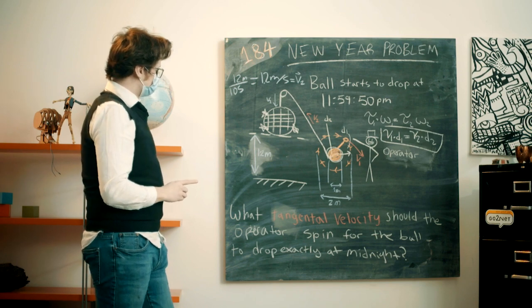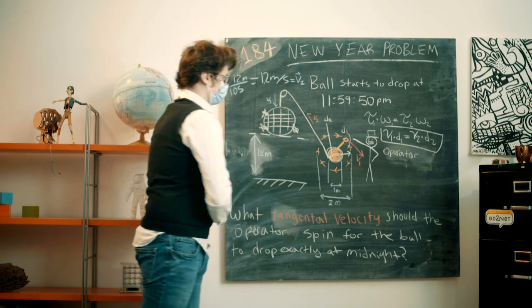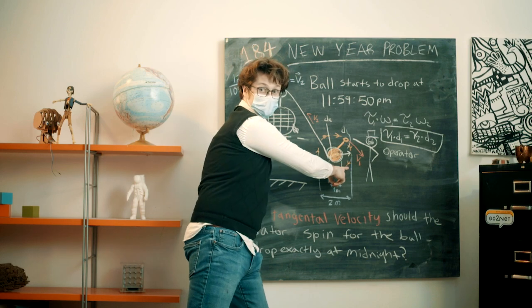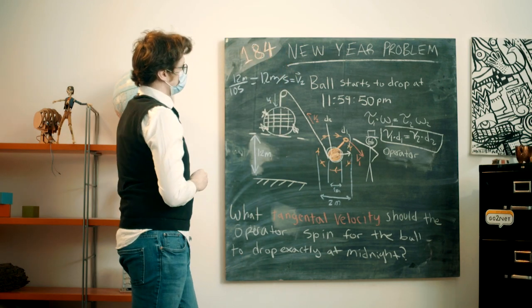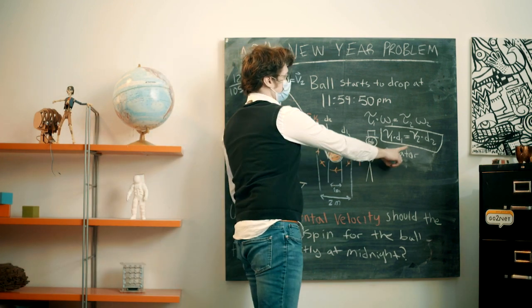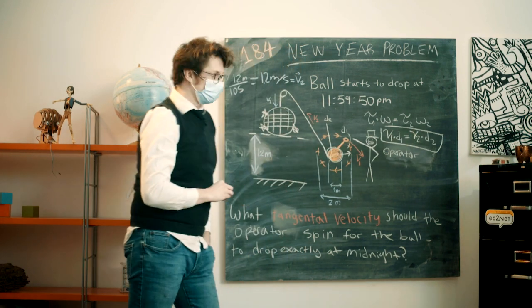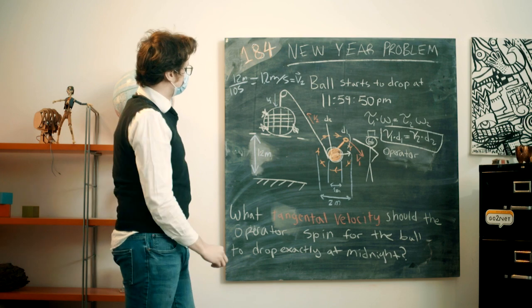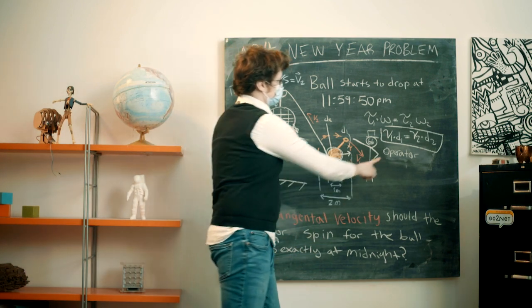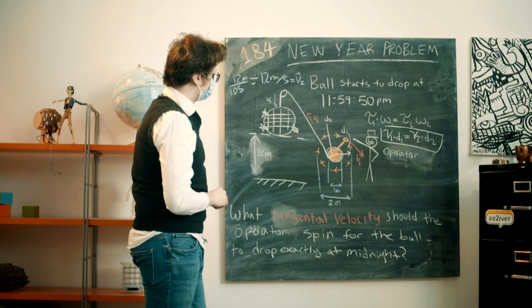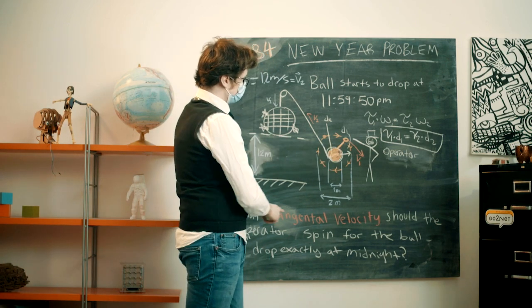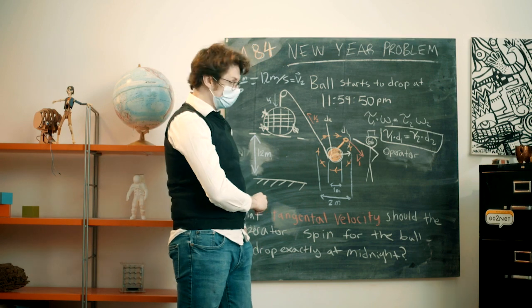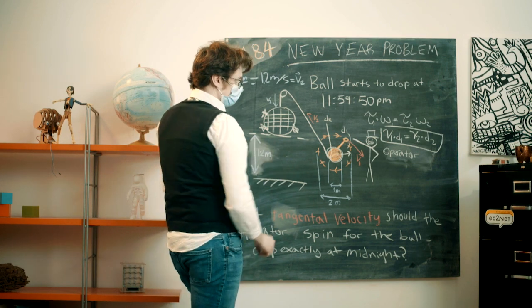Okay, so we want the tangential velocity of the operator, which is V1. So that's really what we need to find now. We have V2, okay? And now we can use this equation to solve for V1, okay? But we still need to figure out what D1 and D2 are. Well, we can take a look here. So D1 is going to be half of the diameter, right?